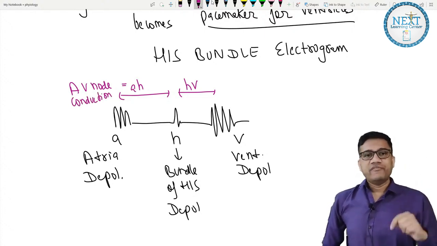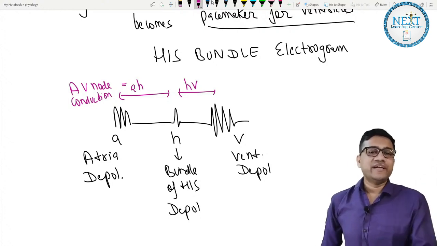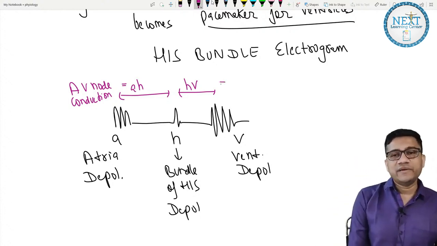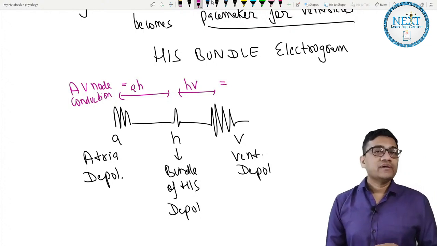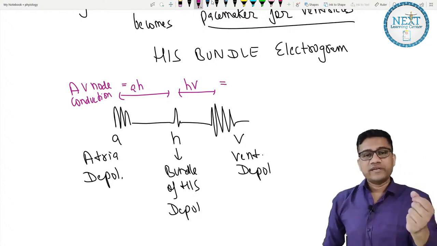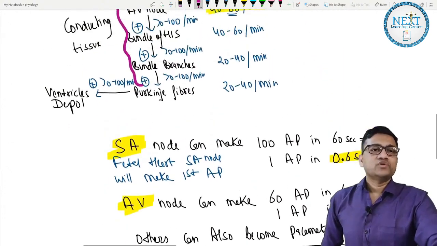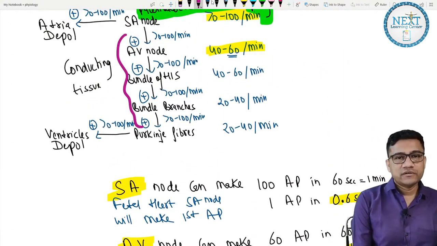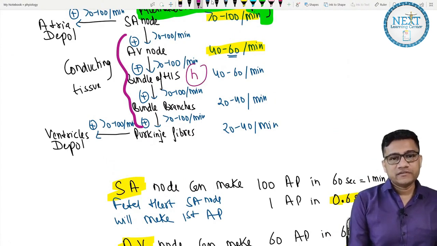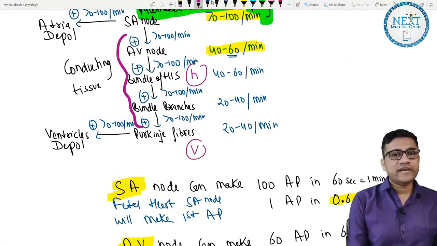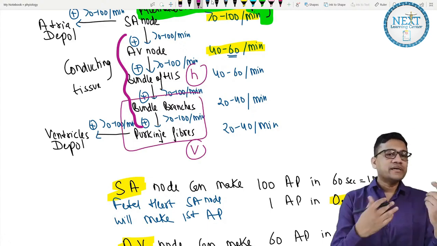Okay, fine. Whereas what will HV indicate? Tell me, what does the HV period indicate? It is around 93 milliseconds. So H, it is H, and this is V. So what does it indicate? Bundle branches and Purkinje conduction.